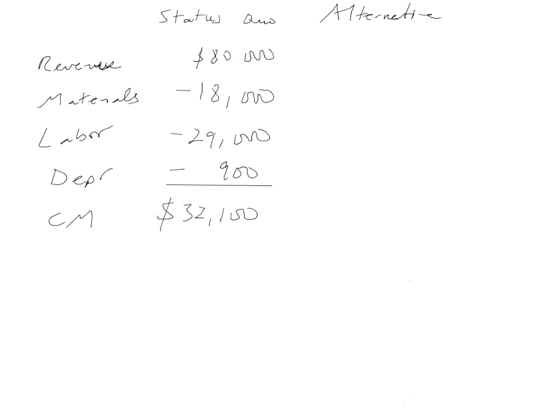All right. Now, what about the alternative? The alternative is if you accept the special order. So again, the status quo is you're producing 10 custom dresses and 20 standard dresses. The alternative is that you are going to produce this special dress, but you're also going to give up some of these standard dresses that you make.